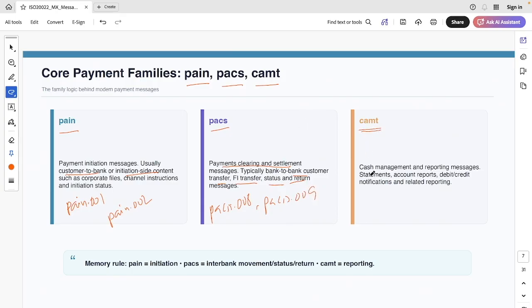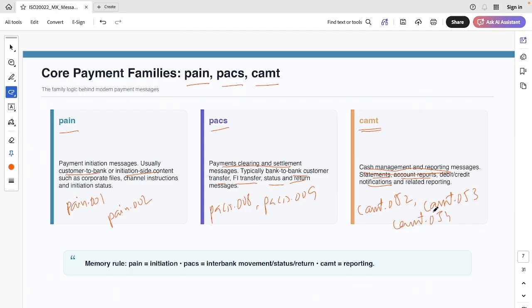Then CAMT stands for your cash management and reporting. These messages are used for reporting, statements, notifications, account entries, etc. So CAMT.052, CAMT.053, CAMT.054 are common examples of CAMT messages.